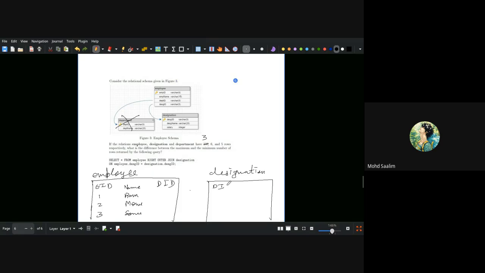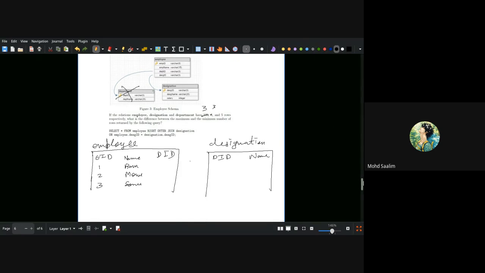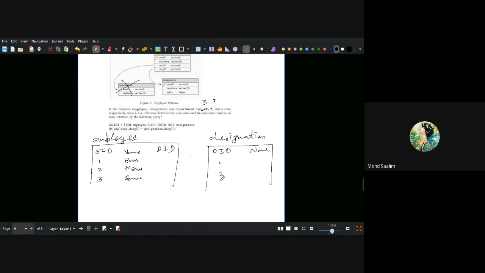So we have designation ID here and designation name. Let's assume in the original question it is given that we have 6 designations. I'm still assuming that we have only 3 designations, 1, 2, and 3, and the designations can be A, B, and C. Let's not make it complicated.